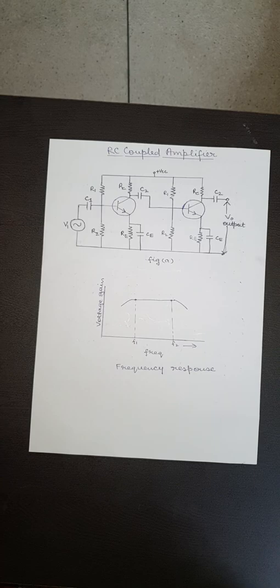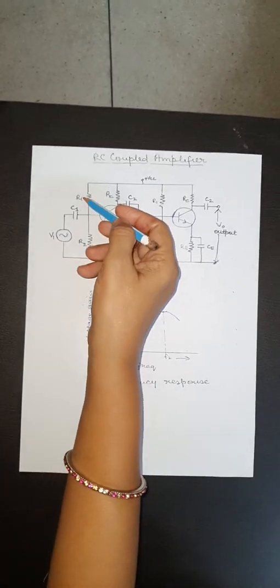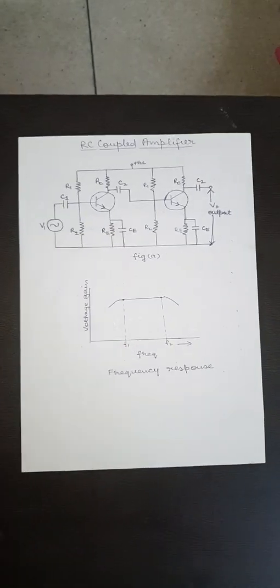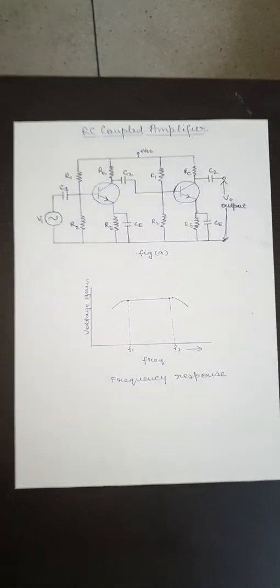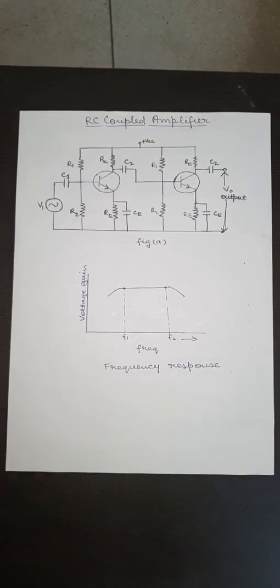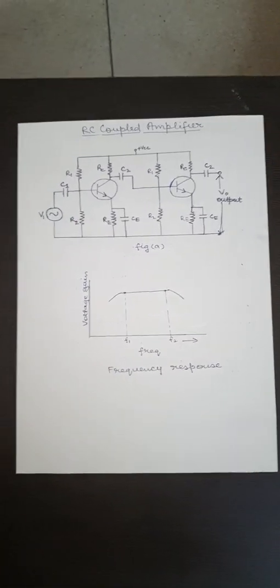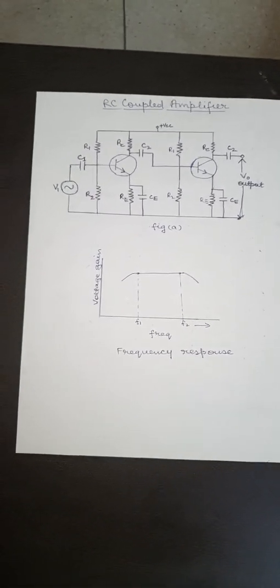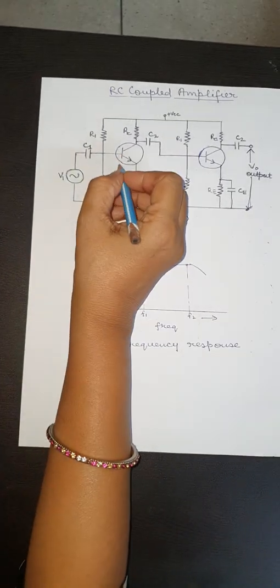The various circuit elements and their functions: resistors R1, R2 and RE are used for biasing the transistor in the active region, and voltage divider biasing is used in this circuit. The input coupling capacitor C1 is used for coupling the AC signal to the base of the first transistor Q1.